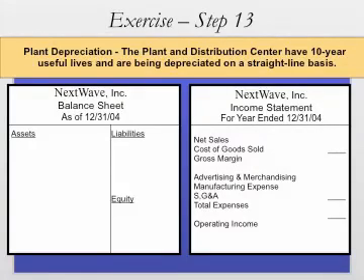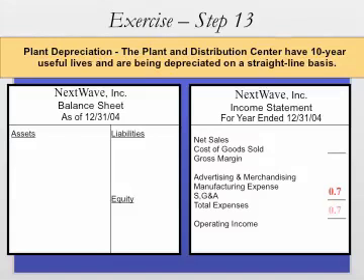Before we summarize and do a final balance sheet and income statement, we have to do a couple other things before we close out the books. One is we have to take that plant and distribution center, which we paid $7 million for, and we actually will depreciate it. In other words, we plan for that center to last for 10 years, so we expect the value to decline by $700,000 per year in the form of what we'll call depreciation expense, or in this case, manufacturing expense.